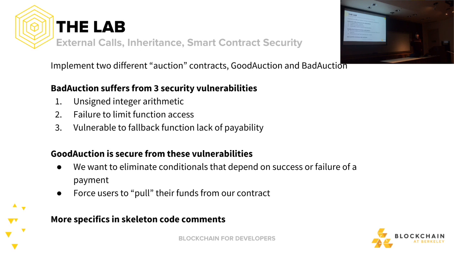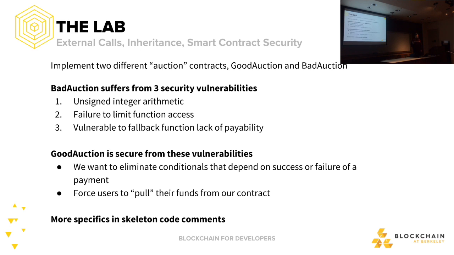Your job for today's lab is to implement two different auction contracts. One of them is called good auction and one of them is called bad auction. Some of the code has already been implemented for you, and we've also written a robust testing suite.